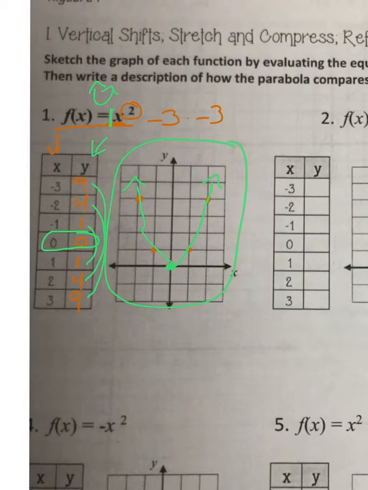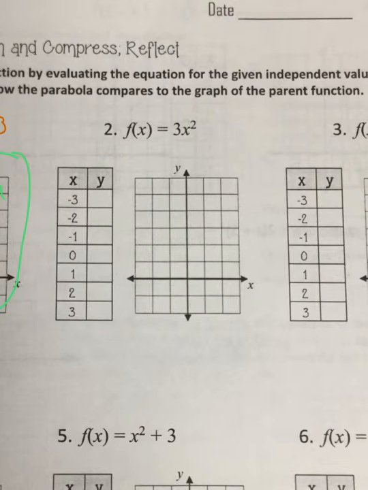So as I go and look at problem 2, I notice that I still have that x squared from the parent function, but now I have a 3 out front. So it's like saying 3 times my f of x, the parent function. So I'm multiplying 3 times it.